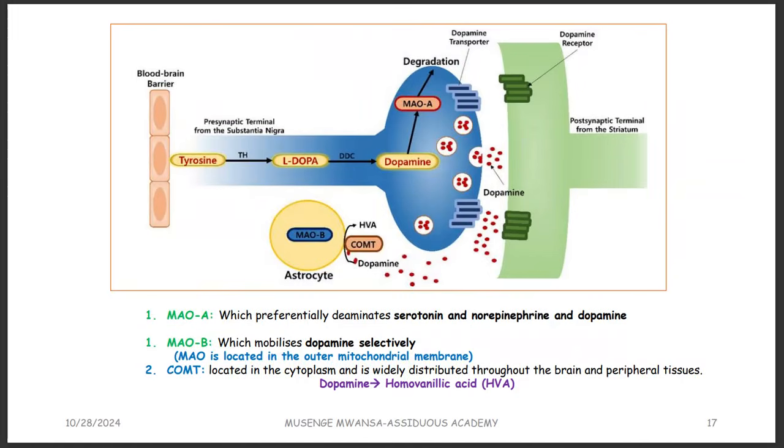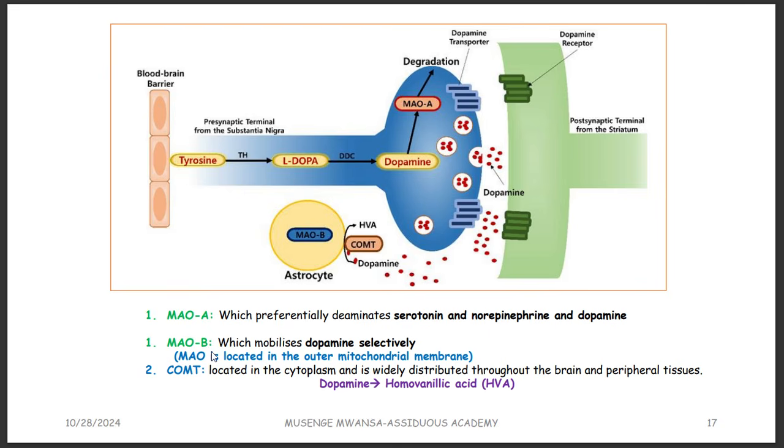So this is a nice diagram summarizing the drugs that are going to be able to work in this system. You can see tyrosine can go to L-dopa, L-dopa to dopamine, and then dopamine can be released like that. The dopamine can as well be degraded by MAO. The monoamine oxidase enzymes, you can have either MAO A or MAO B. Now MAO A can deaminate or degrade serotonin, norepinephrine, and dopamine, these three monoamines.